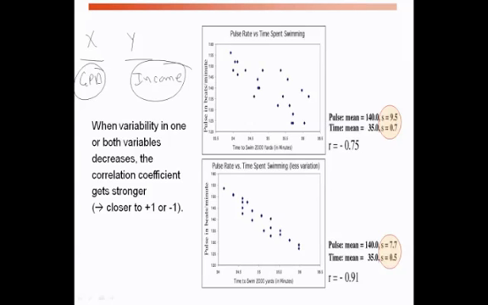Anytime you reduce the variability, you get a stronger correlation, everything else remaining unchanged. Does that make sense? That's a very important point about correlation. So you can see in this particular case, when the standard deviation dropped, the correlation went up from 0.5 to 0.7.